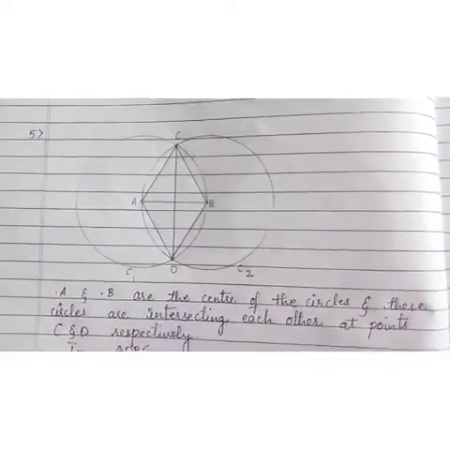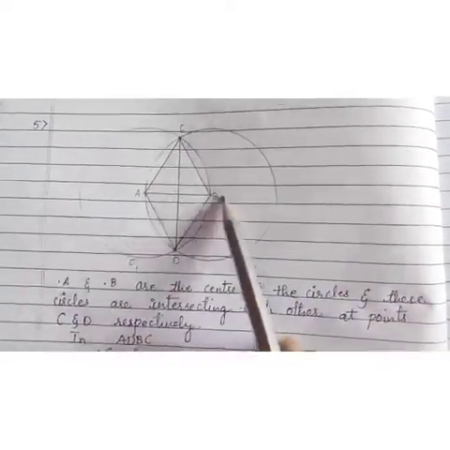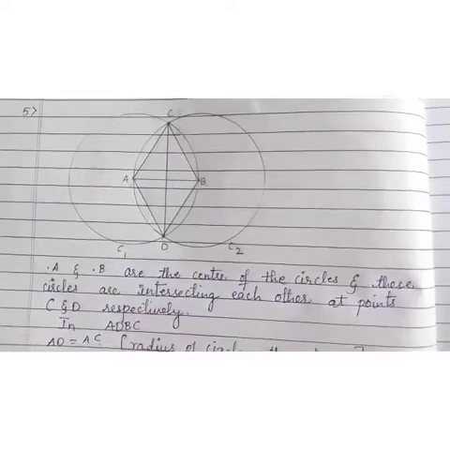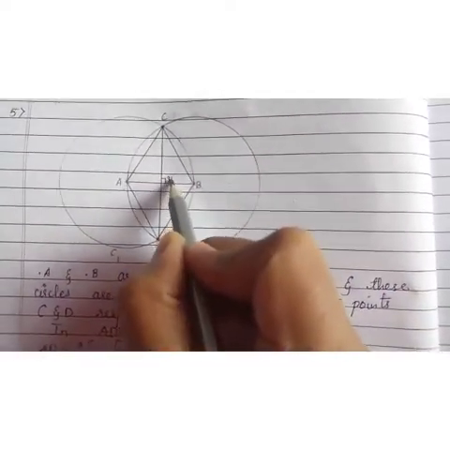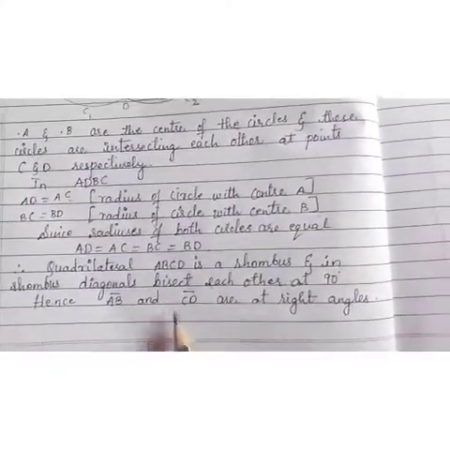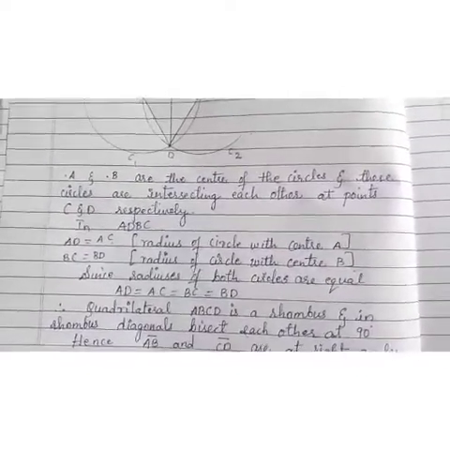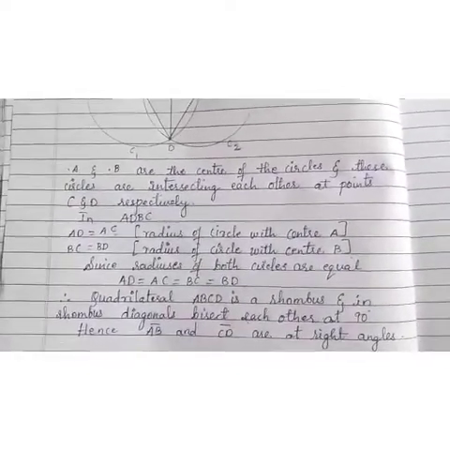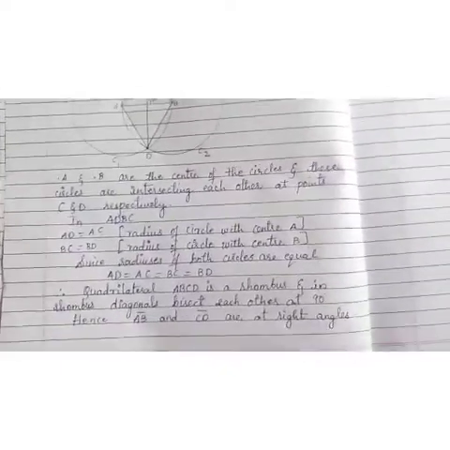Whenever a rhombus is formed, the diagonals will always bisect each other at 90 degrees. Hence we can say AB and CD are at right angles. So children, is it clear? Okay, by this we finish our exercise 14.